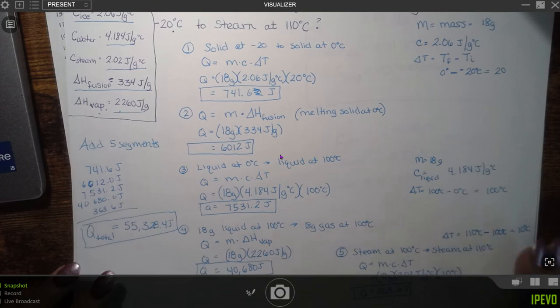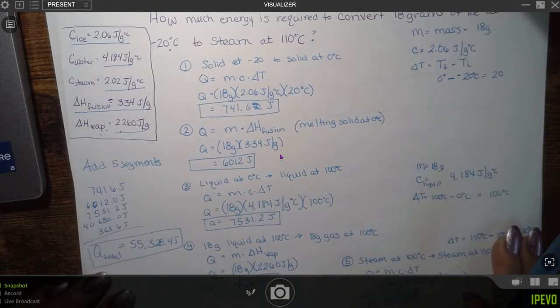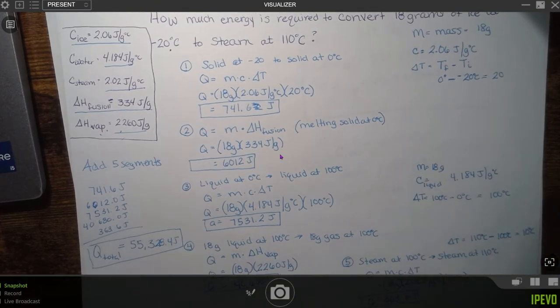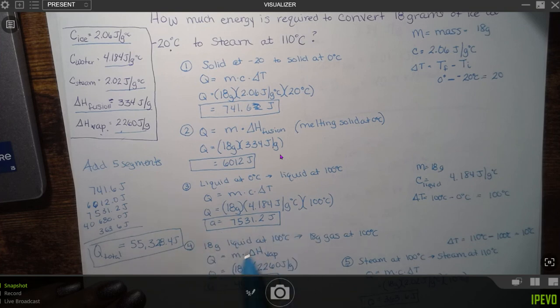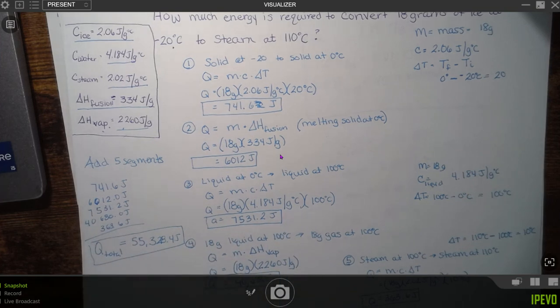When you do this on a quiz or a test or a homework assignment, it's going to be really important for you to show your work. Okay, because if I tried to look at this and I didn't know what I was looking at, you didn't have the formulas written out, and you got the wrong answer, I wouldn't be able to tell where maybe you messed up.